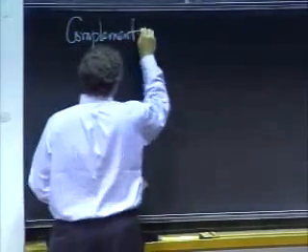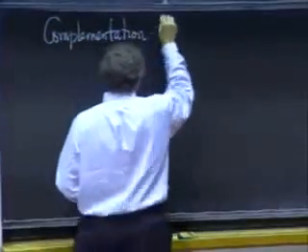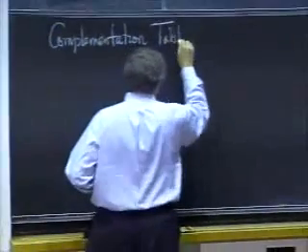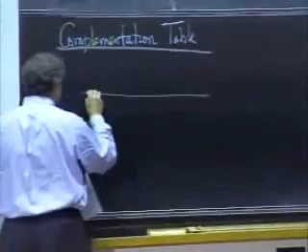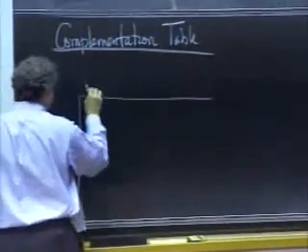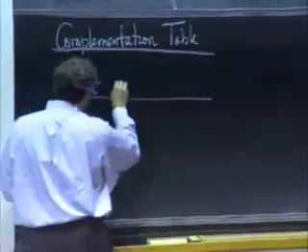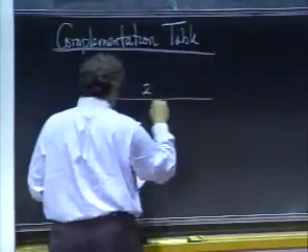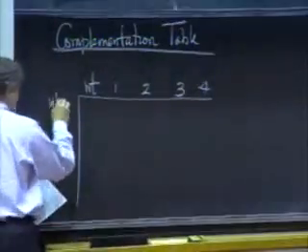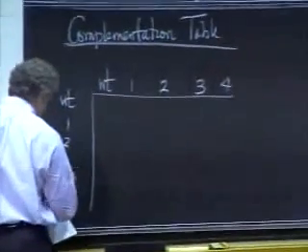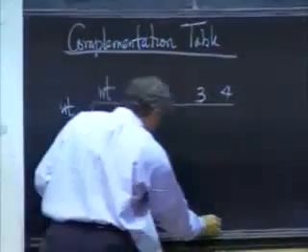So we're able to make a complementation table. Suppose I take a bunch of yeasts, wild type, WT, mutant number 1, mutant number 2, mutant number 3, mutant number 4, and suppose I cross them with each other in all pairwise combinations.